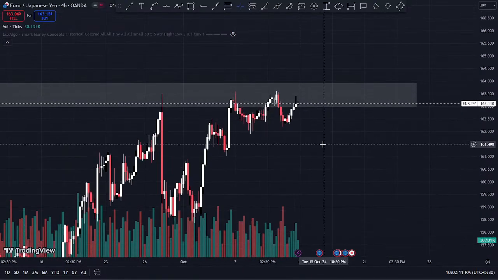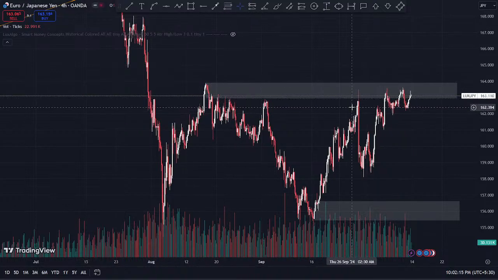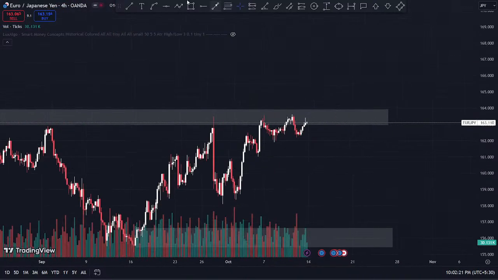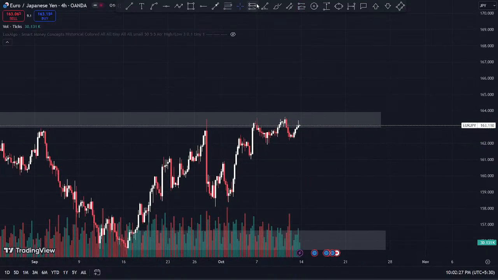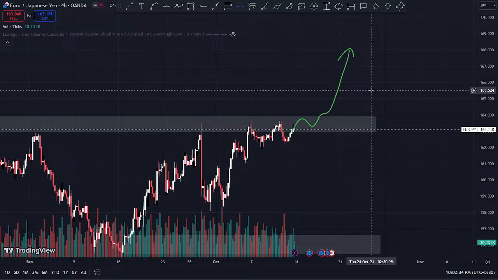And now the price is currently testing this area for the 7th time. Okay, so I guess a long position will form here, and I guess the price is supposed to move very aggressively. Okay, we can wait.